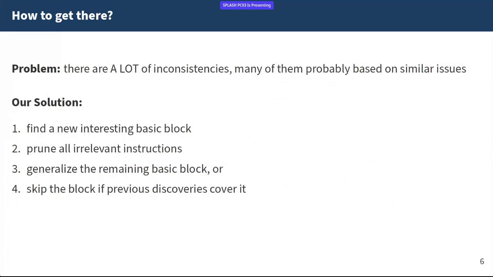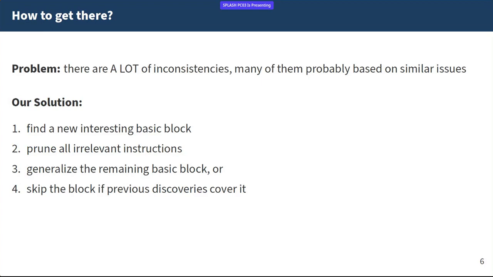So that's where our main contribution comes in, because we extend this rather straightforward approach in a way that after finding a new interesting basic block, as described before, we additionally do some test case reduction to prune irrelevant instructions so that we at least can ignore them.